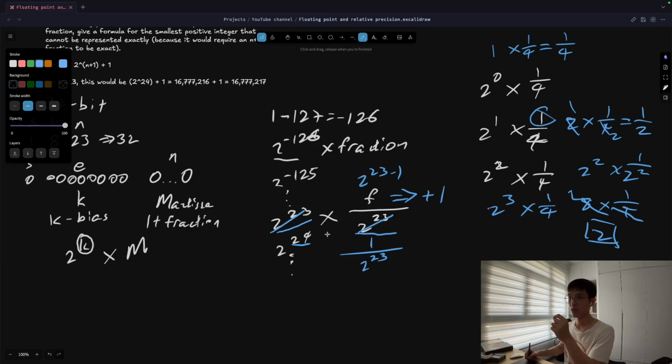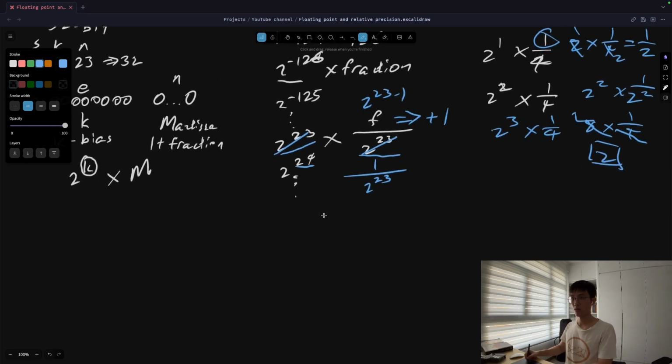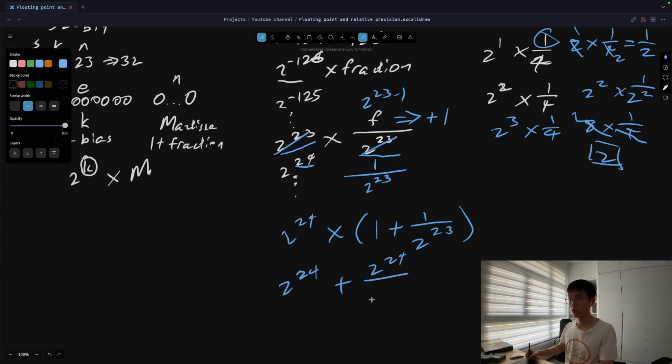And so let's write it down. 2 to the power of 24 times 1 plus 1 over 2 to the power of 23, which is 2 to the 24 plus 2 to the 24 over 2 to the 23, which is 2 to the 24 plus 2. Yeah, math. It's been a while.